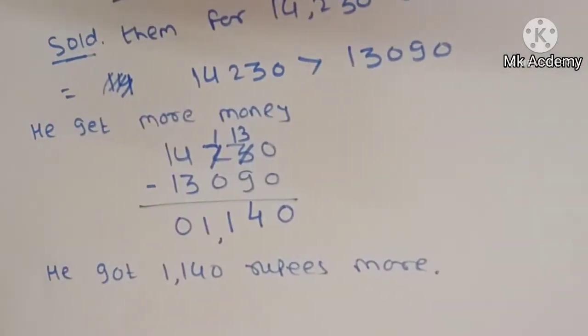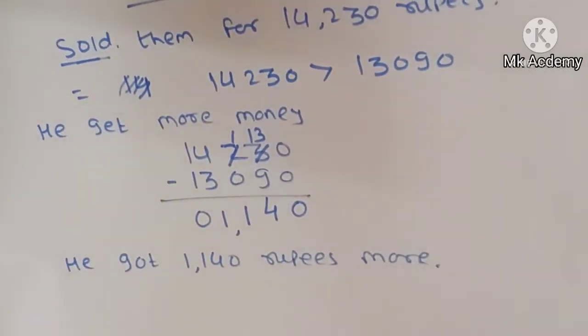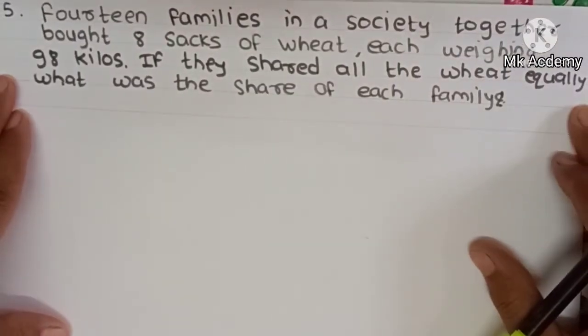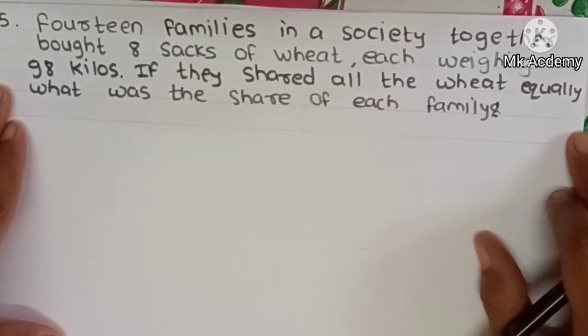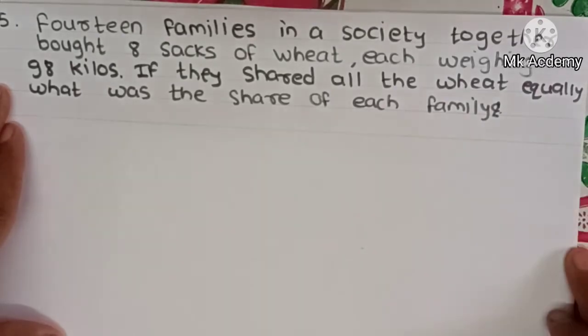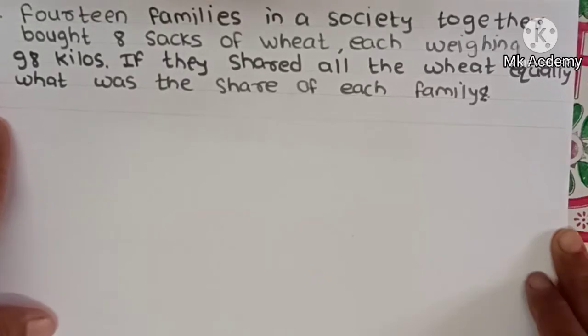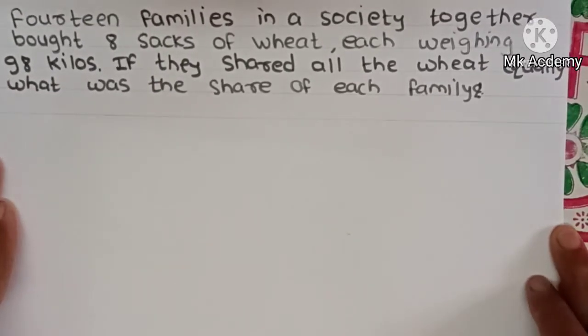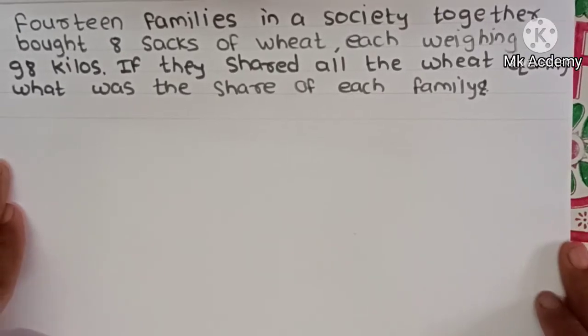Now example number 5. 14 families in a society together bought 8 sacks of wheat, each weighing 98 kilos. If they share all the wheat equally, what was the share of each family? We have to calculate the share of each family.